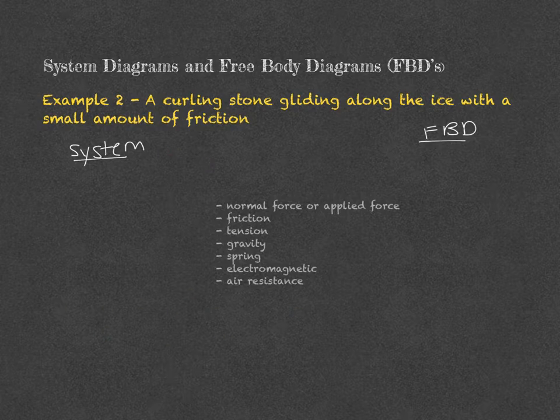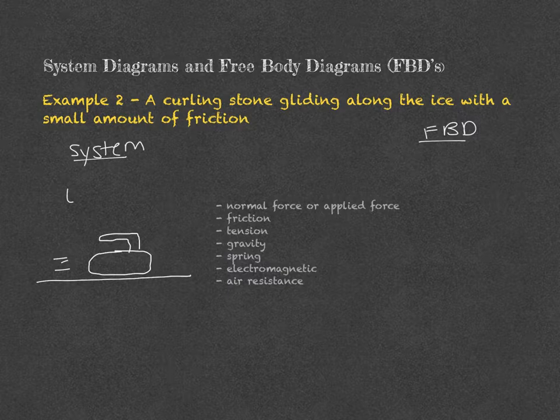So I'm just going to do a quick sketch of a curling stone gliding across the ice. So I have my curling stone. I drew these lines to show that it's moving to the right, so it's like the trail. The lines show the trail of the curling stone.